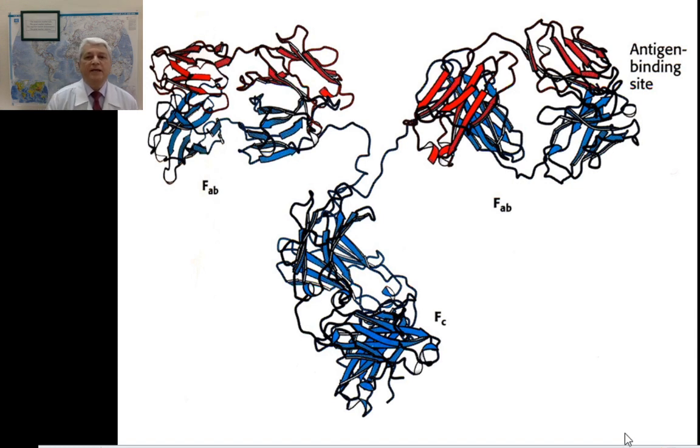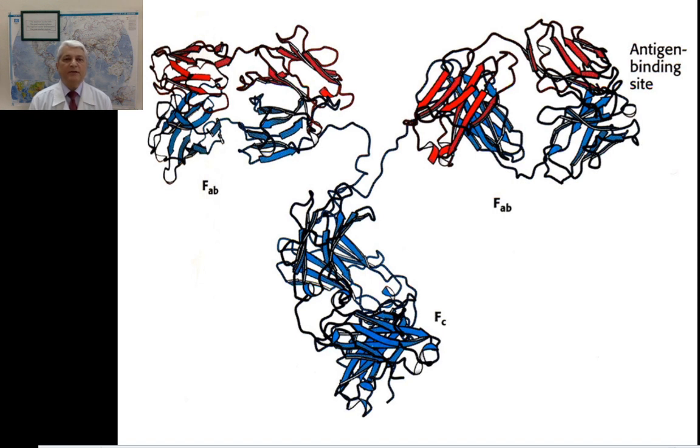This is the same molecule of immunoglobulin G, but here we can see the secondary structure of immunoglobulins. Second, please write, the main type of secondary structure of immunoglobulins is beta structure.